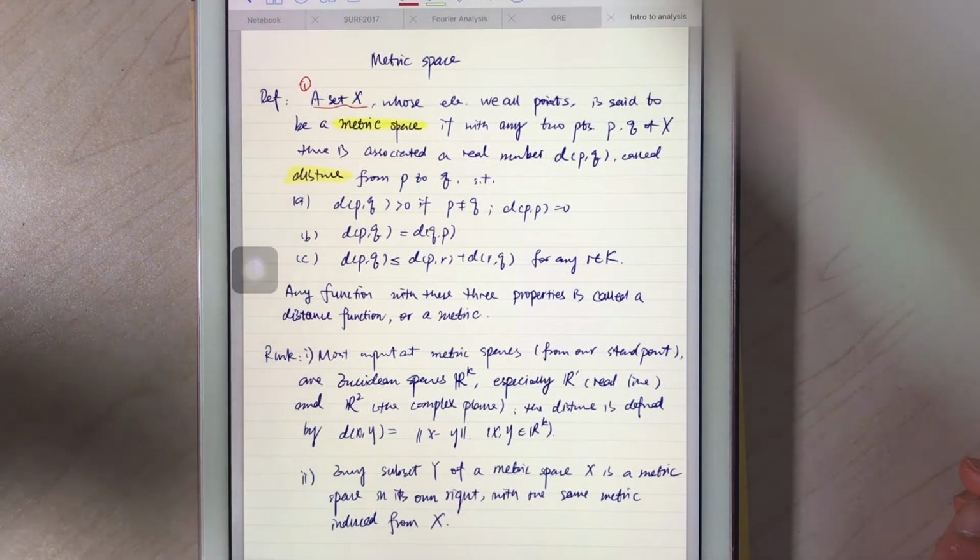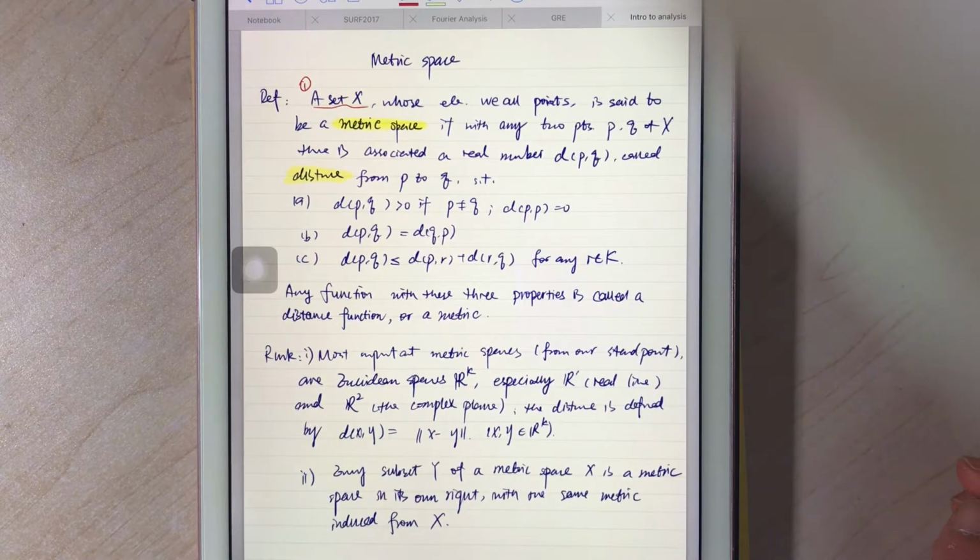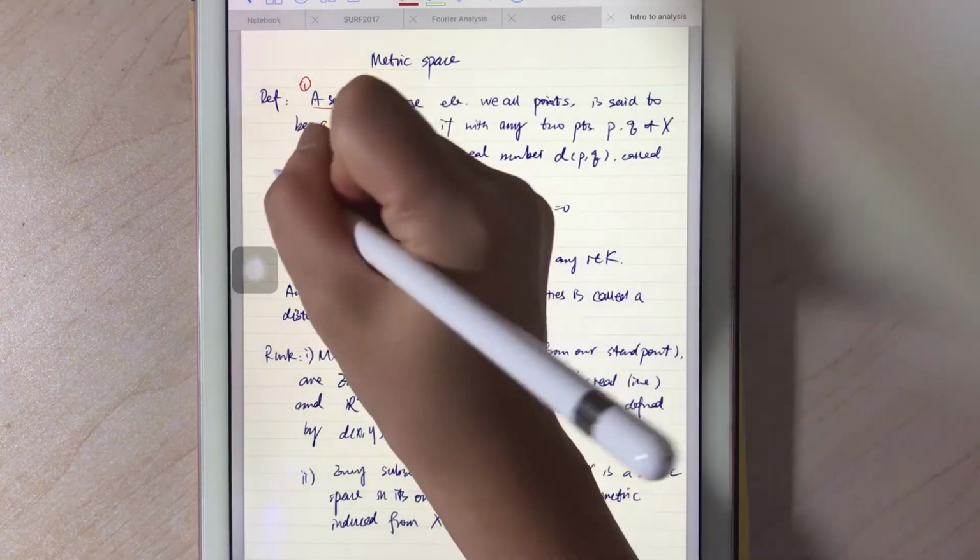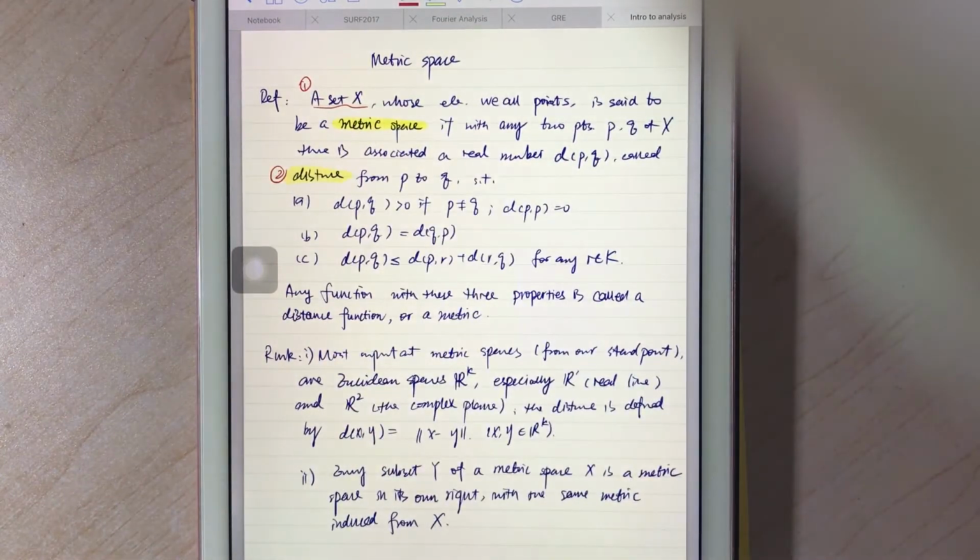How are we going to calculate the distance between two points? So we need some kind of distance function, which we just call a metric. This is why we call it a metric space: it has a set, and it's a space equipped with a metric.